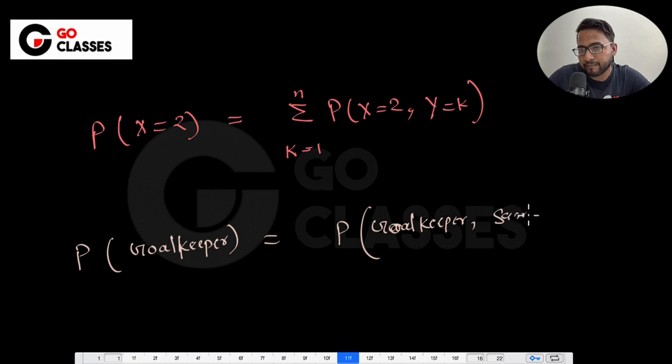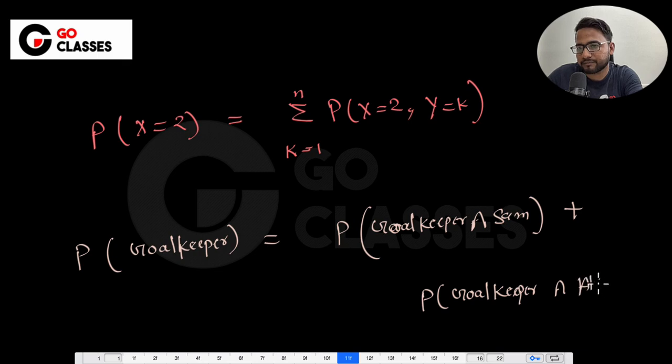with Sam, which means, comma means intersection, okay, comma and intersection are the same. Goalkeeper and Sam plus goalkeeper and Alex. If these are the only two possibilities of the coach, you can do it. So if you find some events where these are the only possibilities, that works.